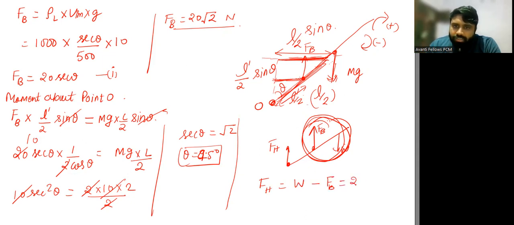Weight force is 20 Newton, because 2 kg is the mass multiplied by gravitational acceleration, which is 10. So it will become 20 minus FB. You have already calculated it is 20 root 2. If you calculate the value, it will come out to be 8.29 Newton.